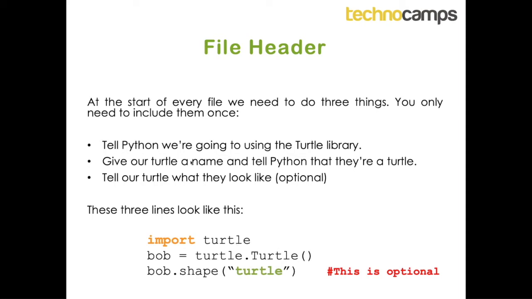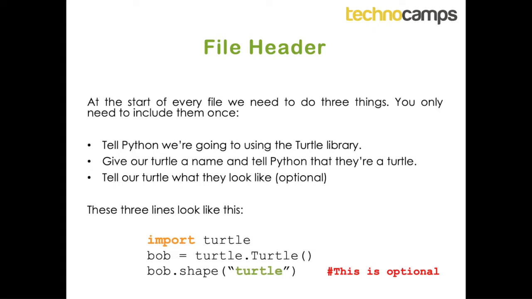We also need to give our turtle a name, and we need to tell Python that it's a turtle. I've called my turtle Bob, and I've said bob = turtle.Turtle(). There are a couple of very important rules when it comes to naming our turtles. One, the name must start with a letter.